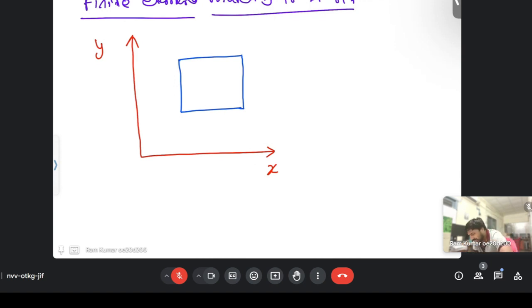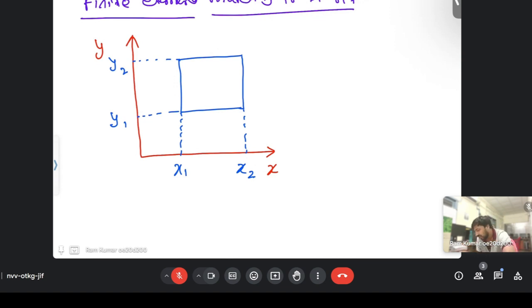So this has coordinates x1, y1, and this one will be x2 and y2.